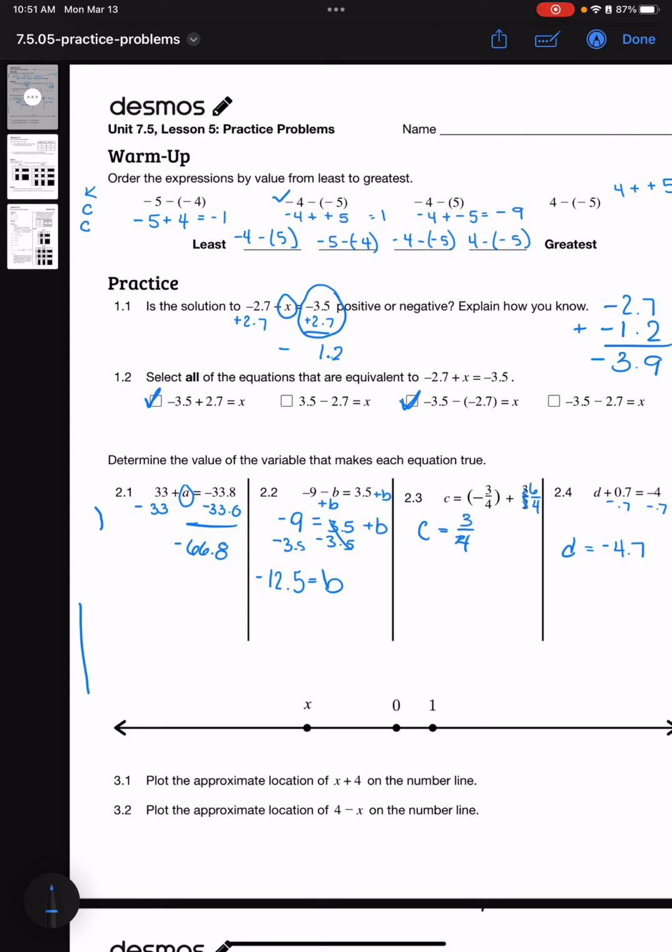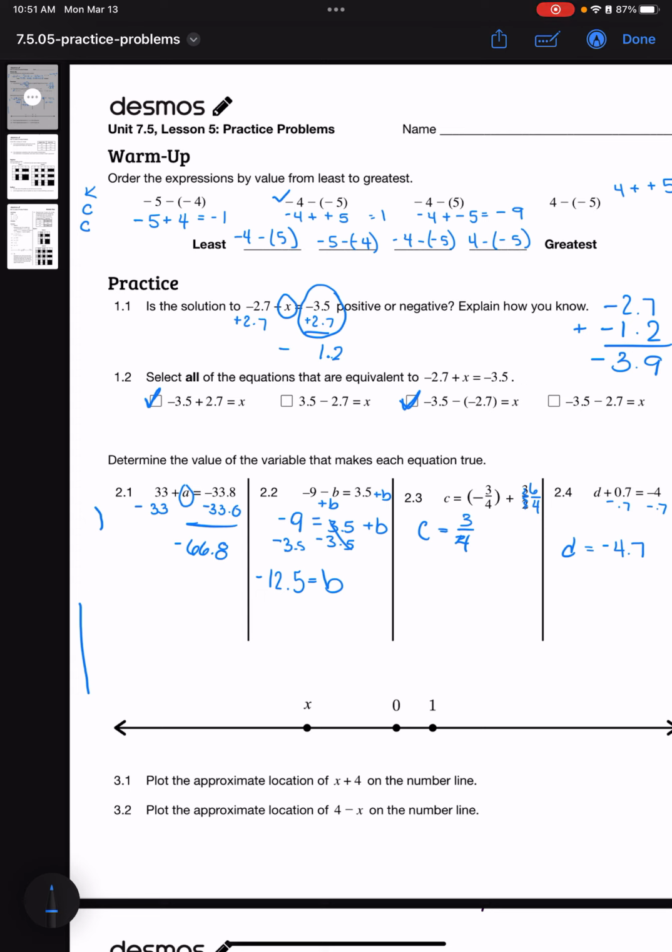Now plot the approximate location of x plus 4 on a number line. So how is this going to look? That's what we want to think about. So we have our number line. We see on our number line we have x, which is our variable, and we have 0, and we have 1.